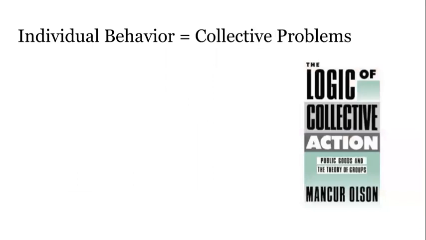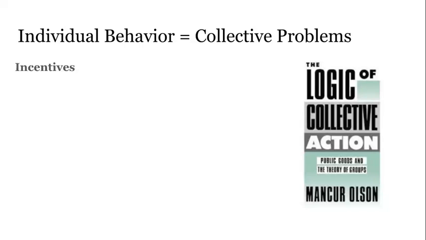This was really put into practice and well understood through work originally done by others, but also, I think, understood in a popular sense through Mancur Olson's work on the logic of collective action. What this did is help us understand how those individual behaviors can lead to collective problems. This notion of externality analysis done on an individual level can lead to really collective issues.